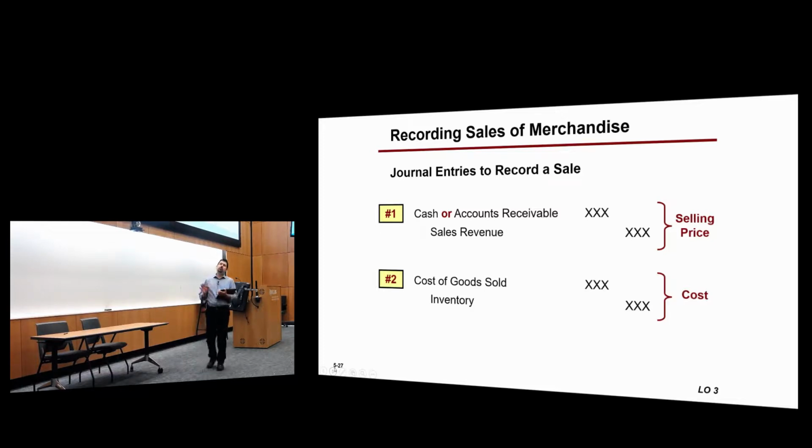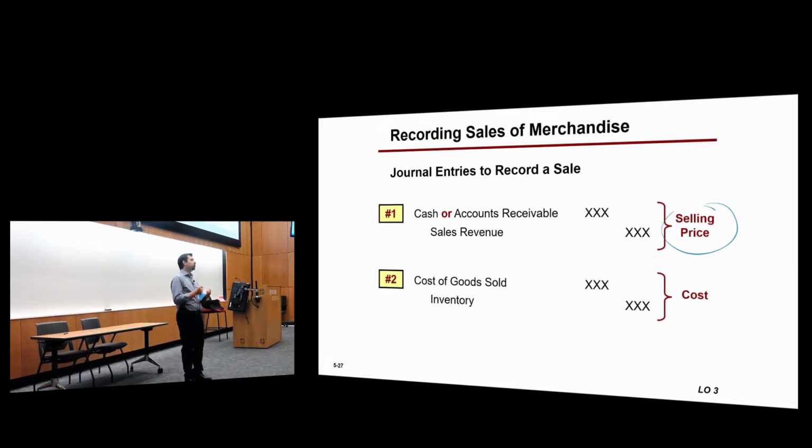Okay, now there's one big difference. Here you look at the selling price. For example, if Best Buy sold TVs for $700, that's a sales revenue based on the selling price, how much they actually sold that product. The cost would be the cost of inventory.